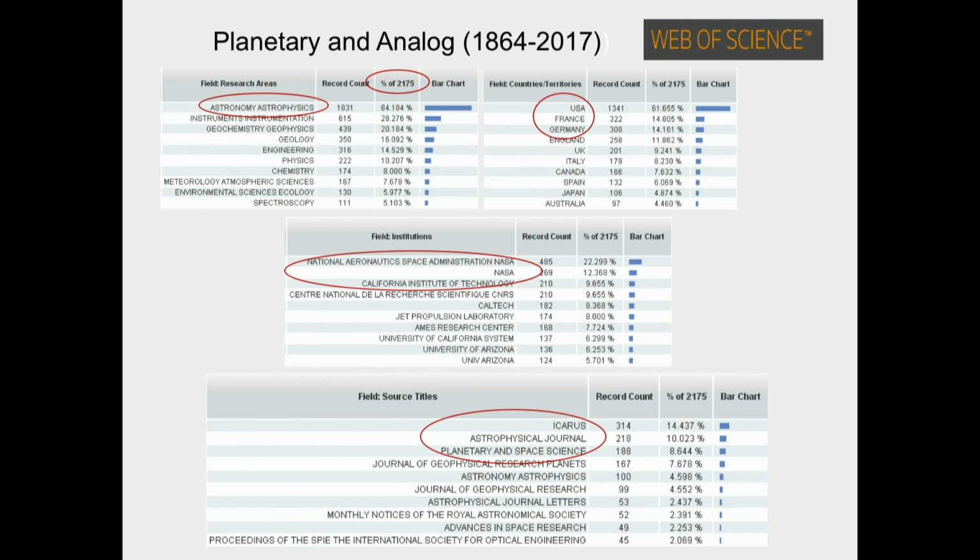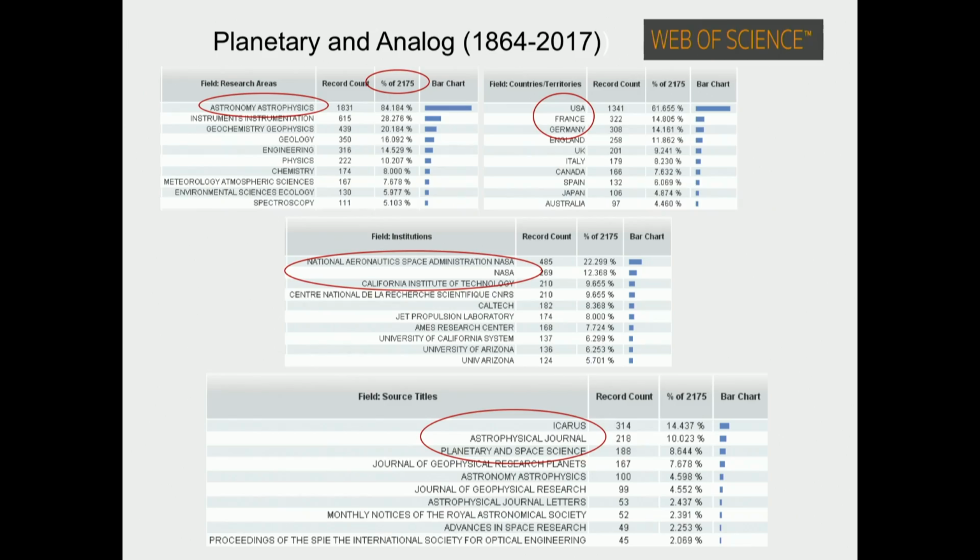I think it's important to consider this evolution. This is the number of records: more than 2,000 publications connecting planetary and analog. The first research areas are astronomy and astrophysics, instruments and instrumentation, and geochemistry, geophysics and geology, etc. So this can give you a general flavor of the main subjects and areas in which these two terms, planetary and analog, are involved.